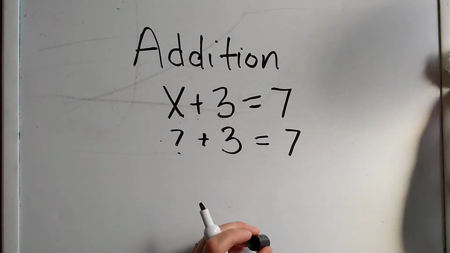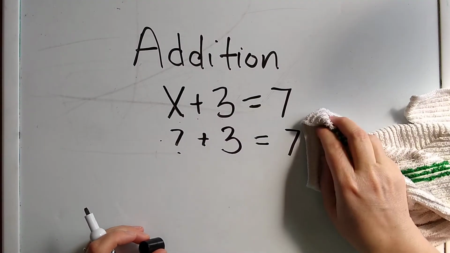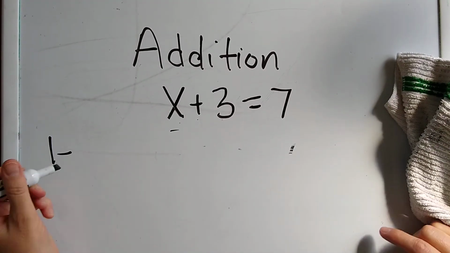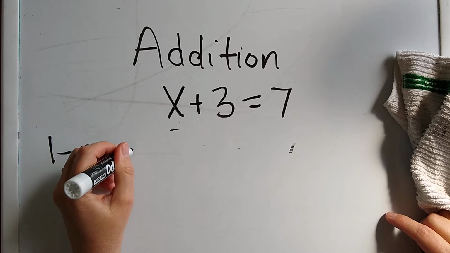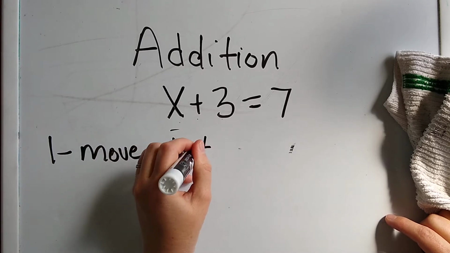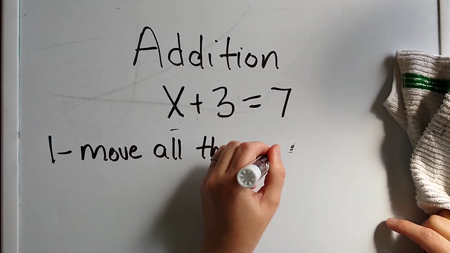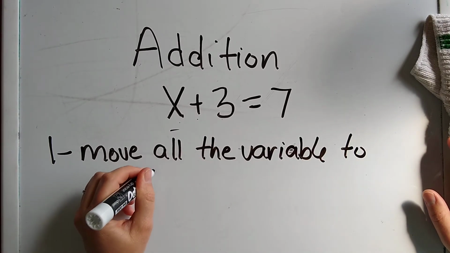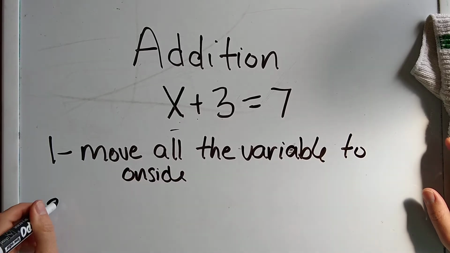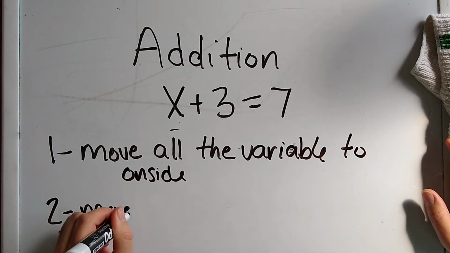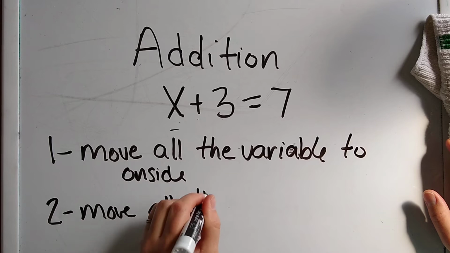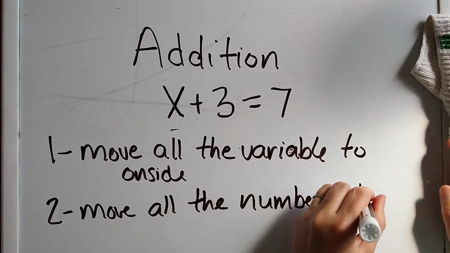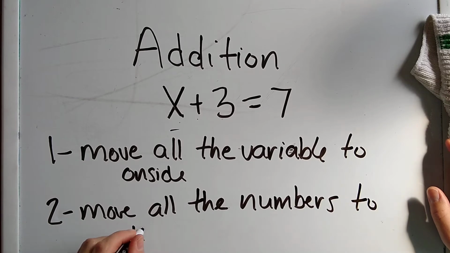And to solve this, okay, we need to do two things. One, we need to move all the variables, okay, to one side of the equation, and we need to move all the numbers to the other side.